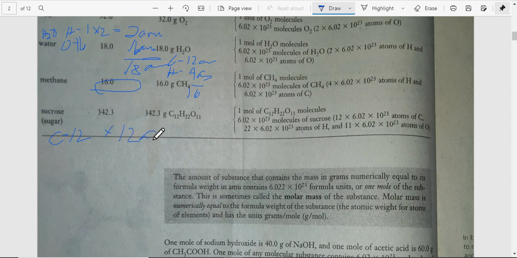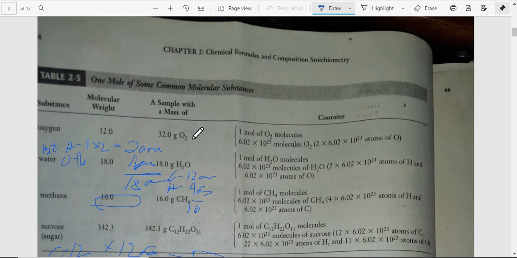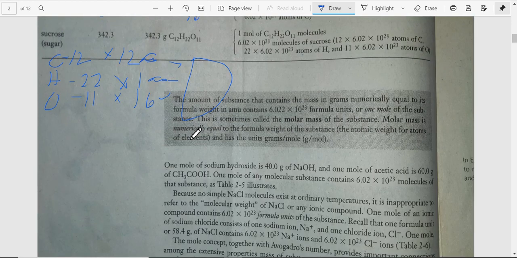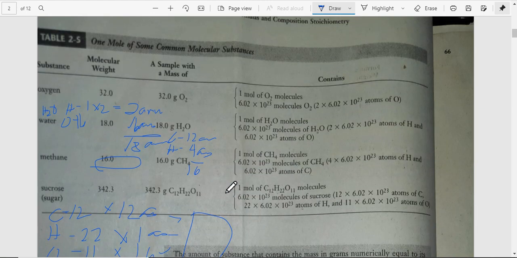For hydrogen, you have 22 pieces times 1 AMU. For oxygen, you have 11 atoms times 16. It's simple, just multiply them, then add the answers. That is your molecular weight. The molecular weight will also be your sample mass.